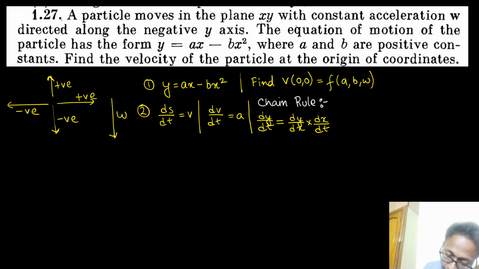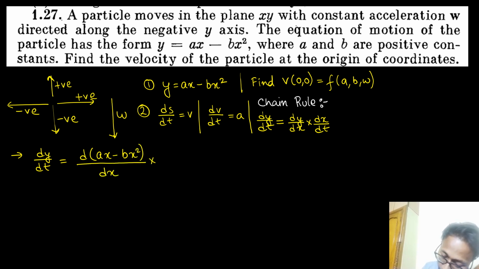See, so I can first differentiate this with respect to x and then multiply by dx by dt. So let's apply the chain rule out here. dy by dt is equal to d of ax minus bx square divided by dx, into dx by dt. By applying the chain rule, what I'm essentially doing is cutting this out, and this is essentially nothing but dy by dt.